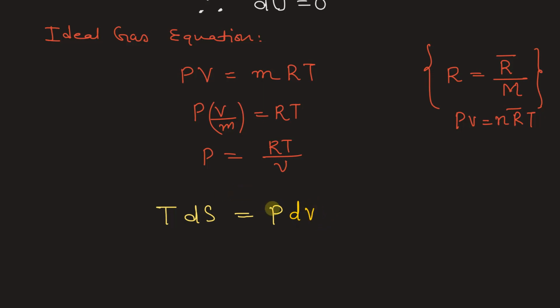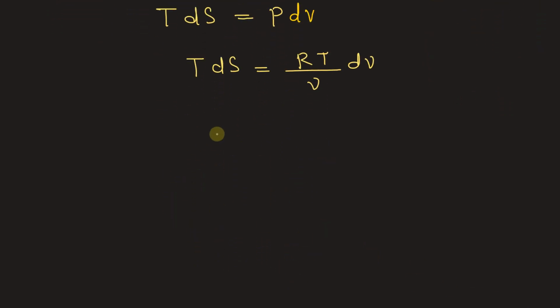Now let's substitute P from this relation. So we can write T ds is equal to RT by specific volume into change in specific volume. Further, ds is equal to RT by T, that will get cancelled out, dv upon v.